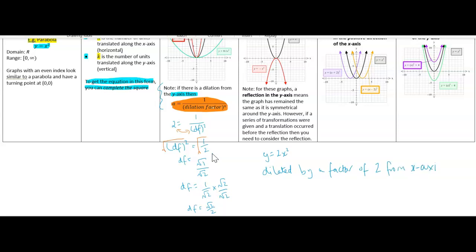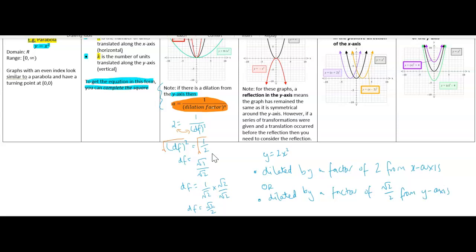So that's what you would say if it was from the x-axis, or if you wanted to say it was from the y-axis, dilated by a factor of root 2 on 2 from the y-axis.